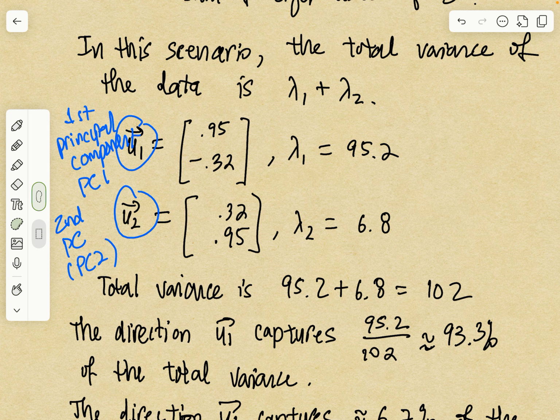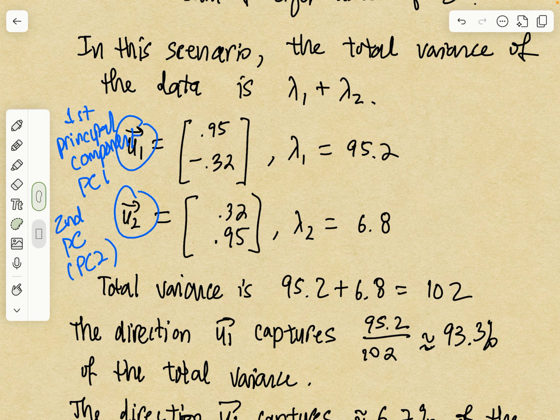So if you have these data points, which you can think of as in R2, and you want to take only one direction, like one line that captures as much as possible, it would be this vector. We can see how much variance is explained.